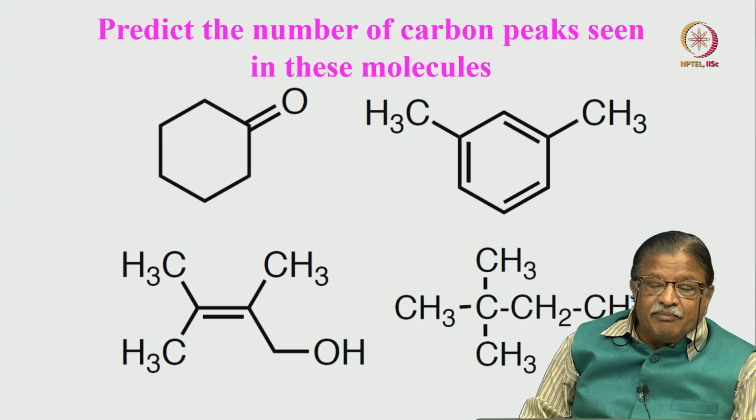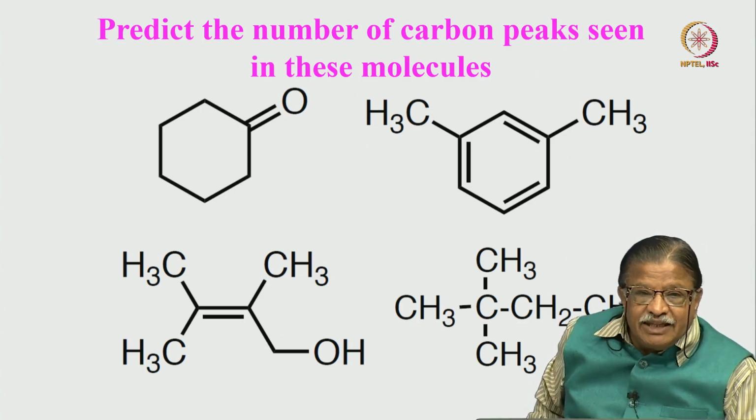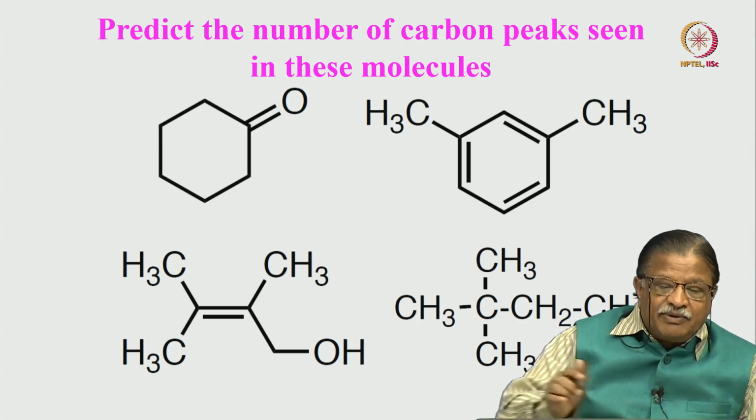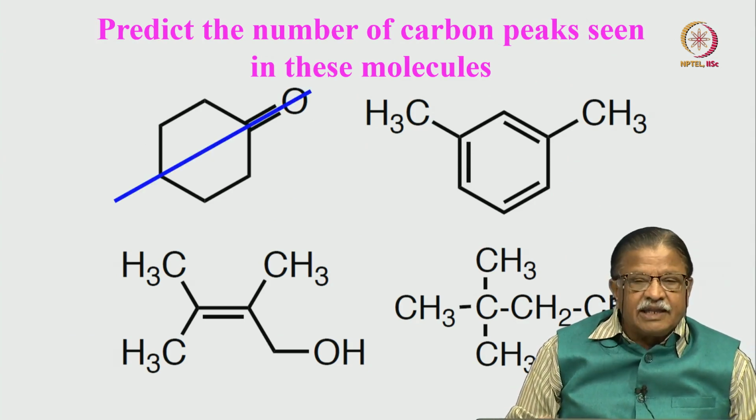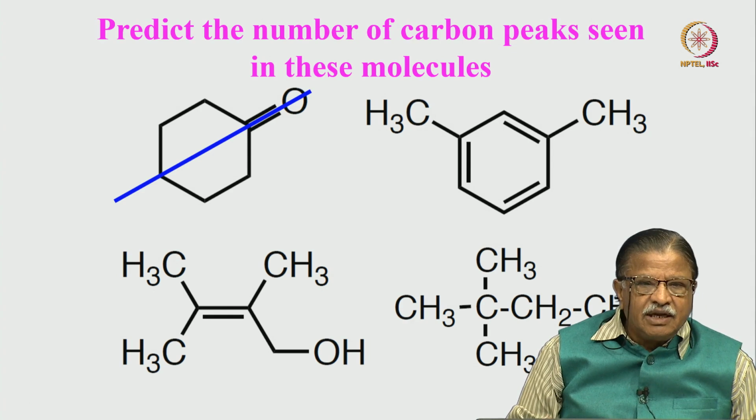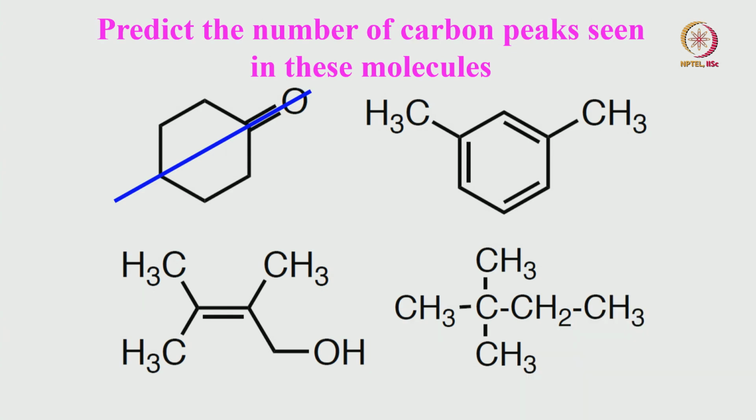Predict the number of carbons seen in these molecules. How many carbon peaks do we expect in this molecule? If I ask you the question, draw the symmetry axis here. How many chemically inequivalent carbons are there? Four, because this and this are same, this and this are same, this carbon is different. You get 4 peaks. What about this one? There is a symmetry axis here.